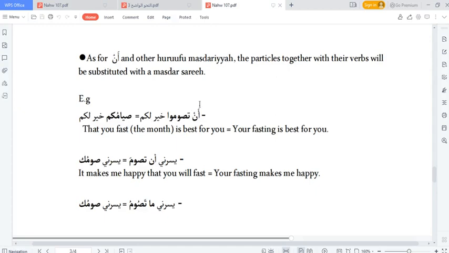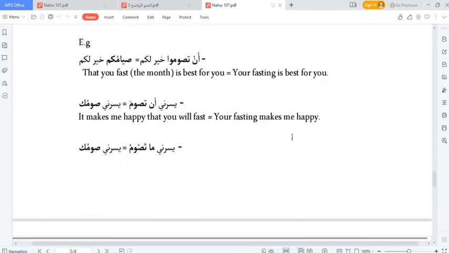So this an and the verb, we said an plus fi'l, will be substituted with the Masdar Sari entirely. They are the same thing in meaning.